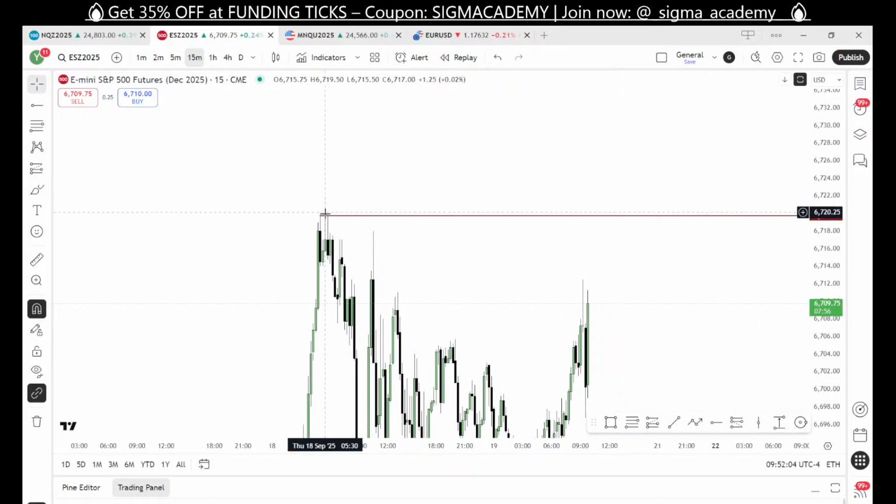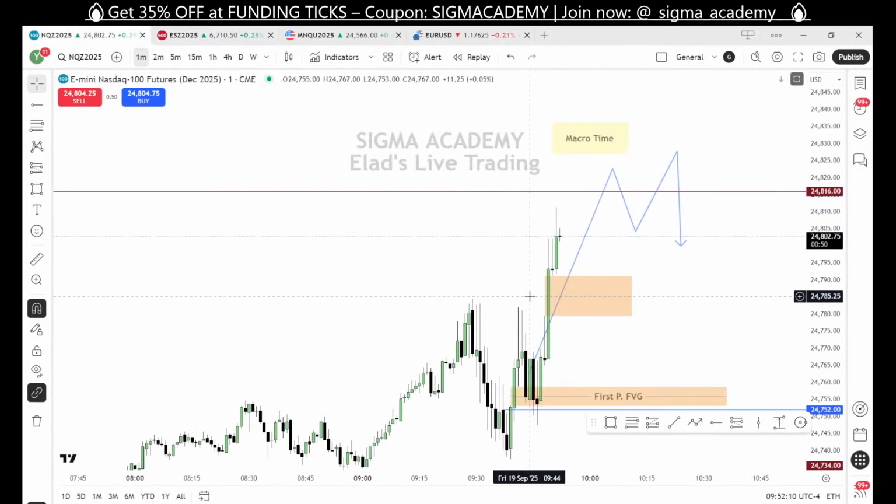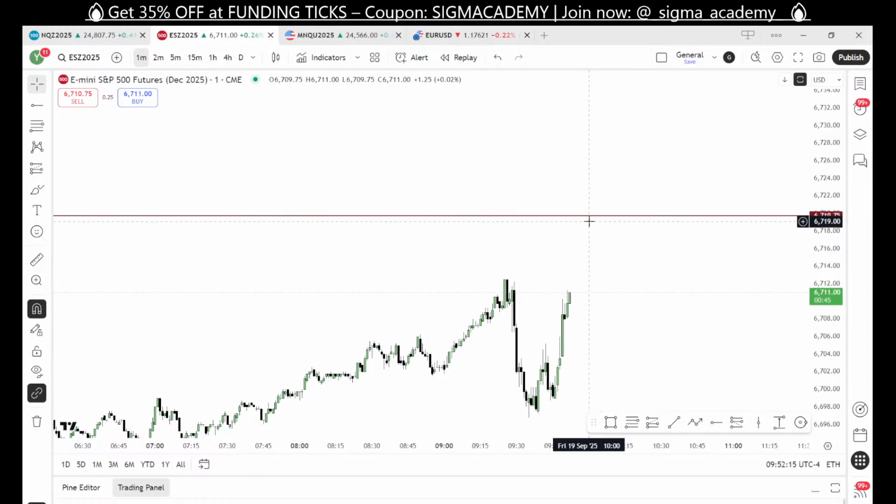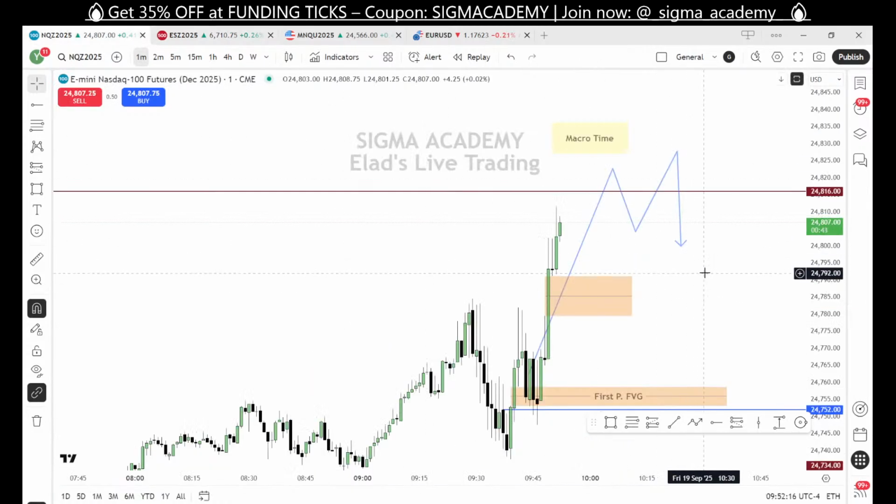This high is from yesterday's high, as you can see. If the NQ takes this high and the ES doesn't take this high, we have a clear SMT to the downside.